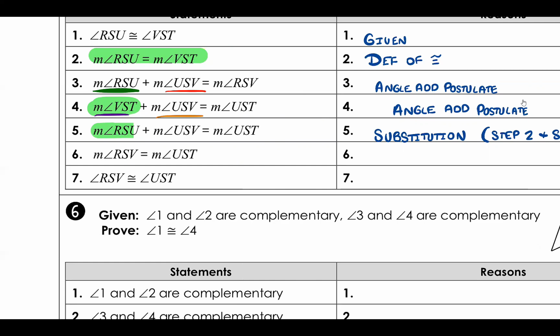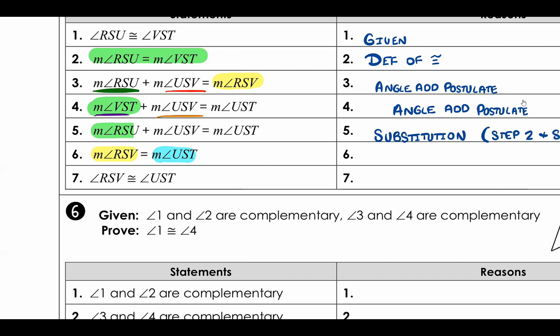So RSV, where else do we see RSV? 3, where at? The equal. Okay, UST, where else do we see that? On 4 and 5, right?